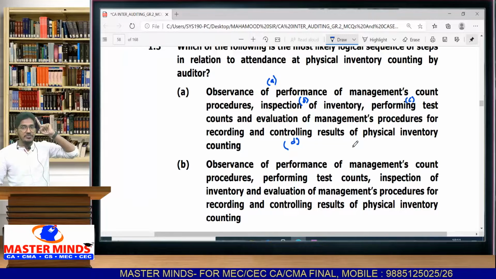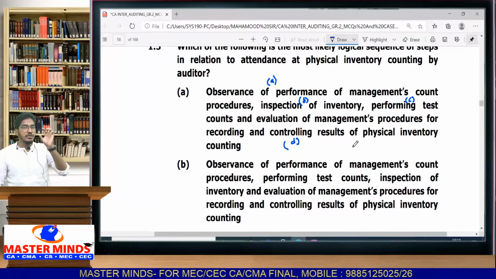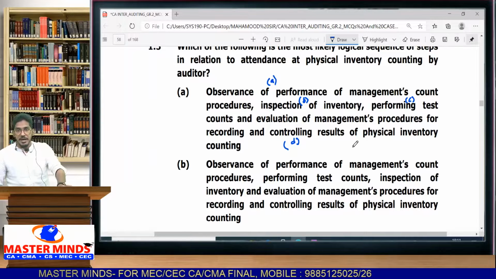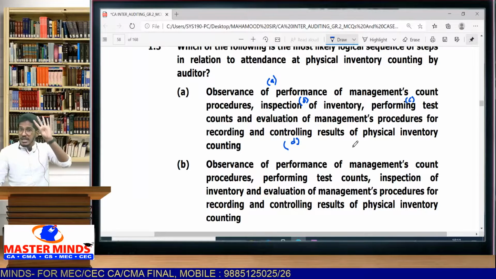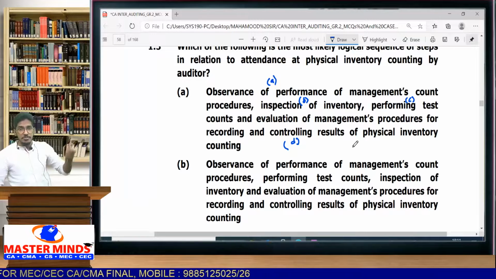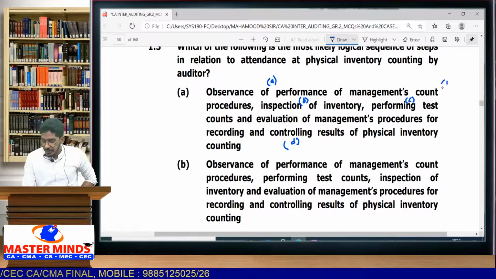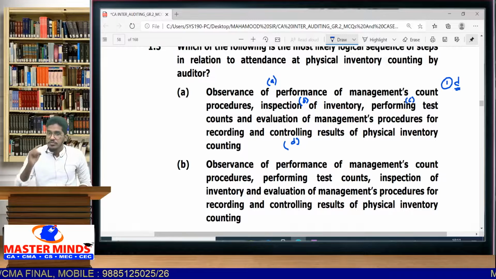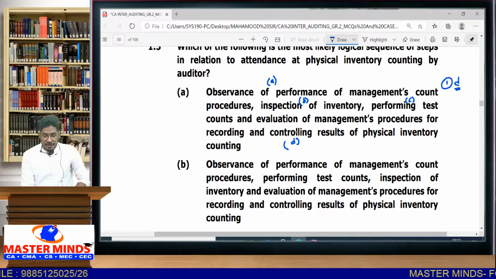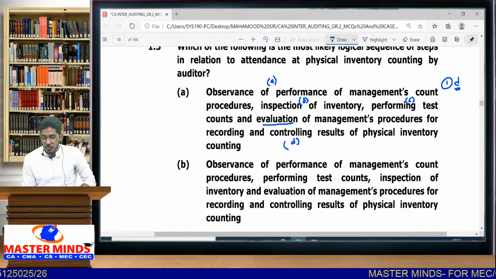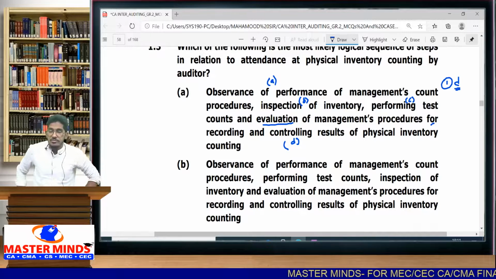In the first paragraph, what you will do when you attend physical inventory counting, 4 points we have given. If you go and observe there, what will be the first point? When you go for physical inventory counting, first you have to evaluate, that means analyze, what are the management's procedures for recording and controlling results of physical inventory counting.